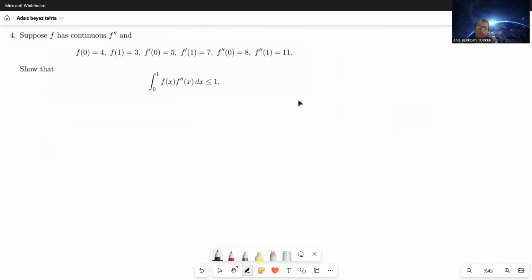How to show it? It seems that we have f double prime here, and I also have some information about f prime. So why don't we apply integration by parts?